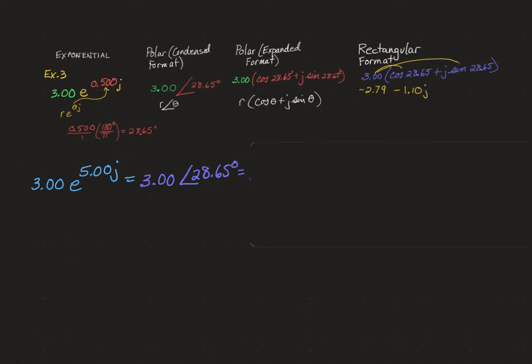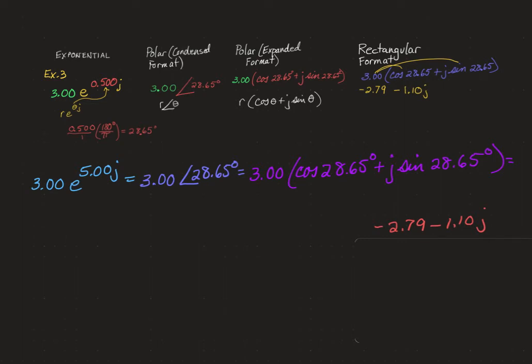This is the condensed format for the polar form of a complex number. Then we move on to the expanded format of the polar form of a complex number. And it just keeps going, doesn't it? And then finally, we have the rectangular form of that same complex number.